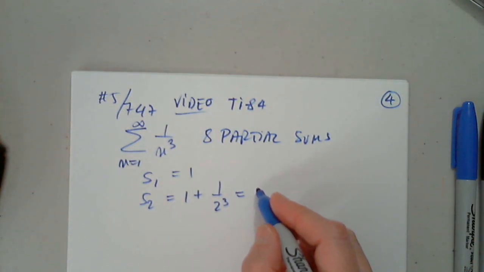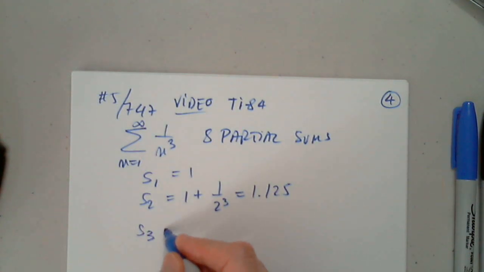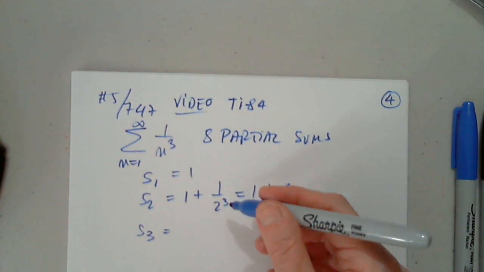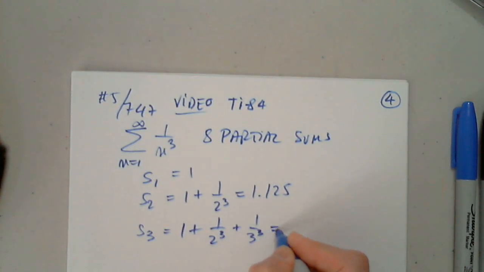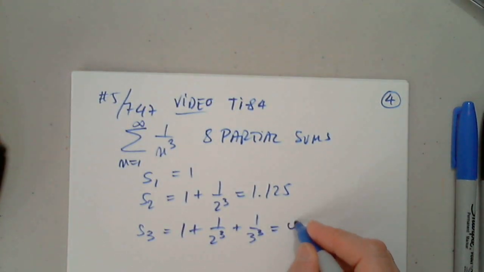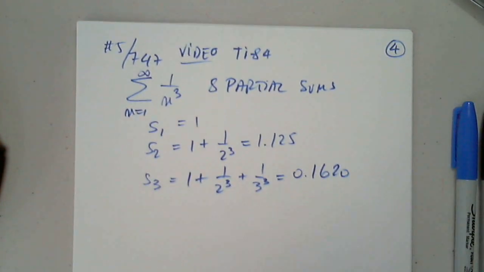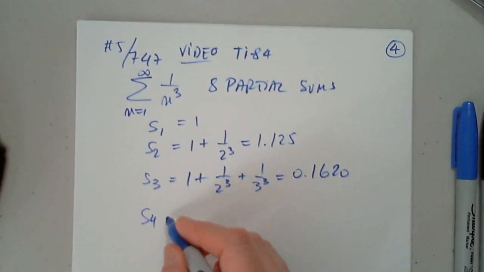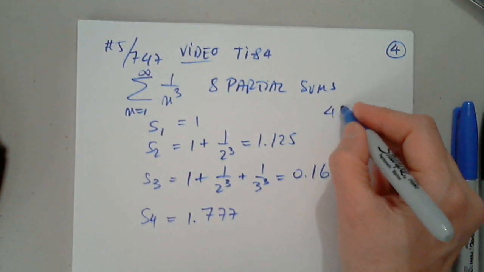Nothing by hand, please. 1.125. s sub 3, same thing: 1 plus 1 over 2 cubed plus 1 over 3 cubed, which is 1.1620. And then s sub 4, and you know how we get that: 1.1777. They want 4 decimal digits.